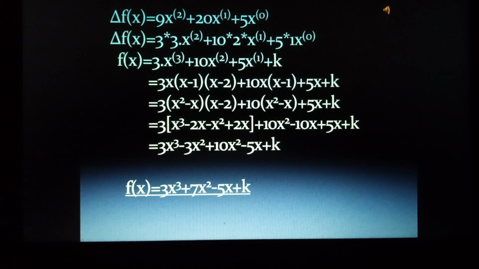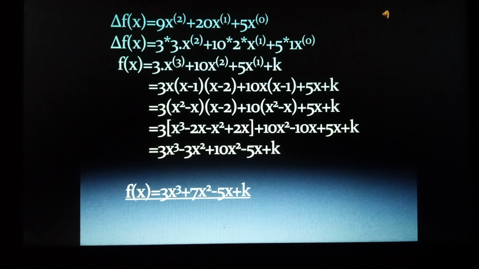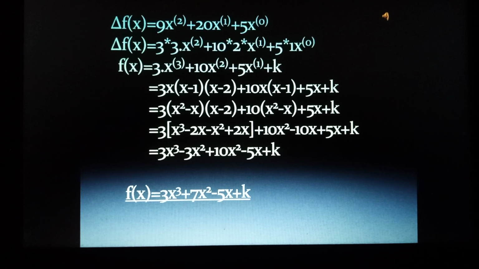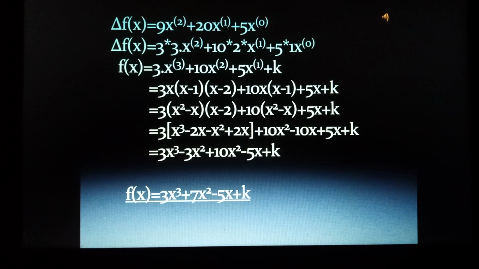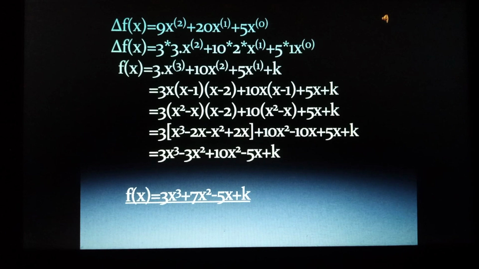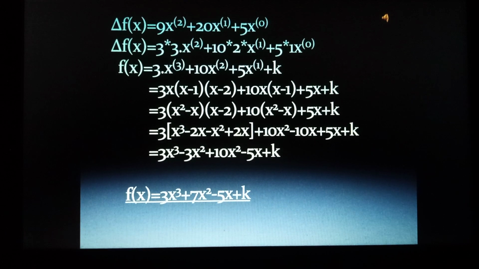Let's put the values of b and c in our first difference. Now delta f of x is equal to 9x raised 2 plus 20x raised 1 plus 5x raised 0. Then delta f of x is equal to 3 into 3 into x raised 2 plus 10 into 2 into x raised 1 plus 5 into 1 into x raised 0.